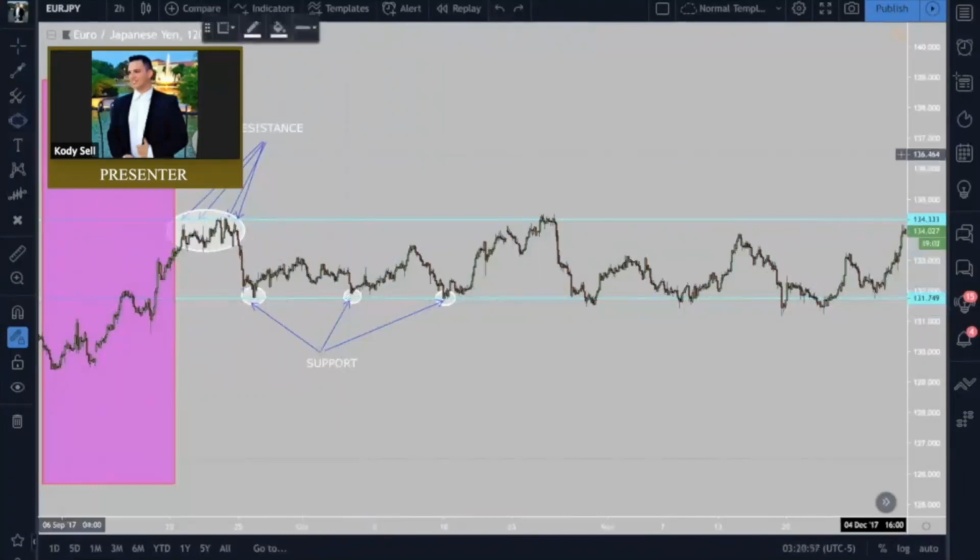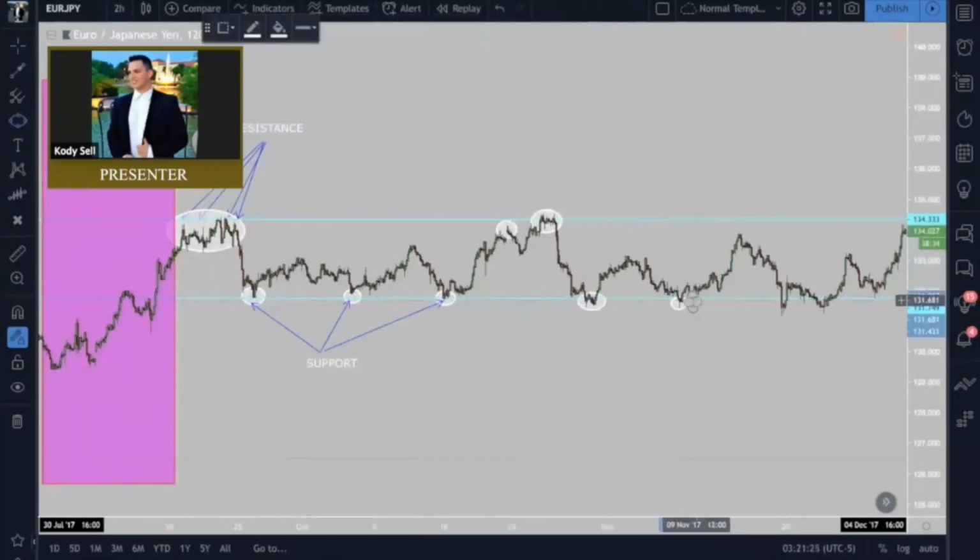And so sure enough, over here on the right-hand side, when we come back up to our resistance level, what does price do? Of course, it falls from the ceiling back down to the floor, just like that. And then, of course, once we're at our support, what does price do?